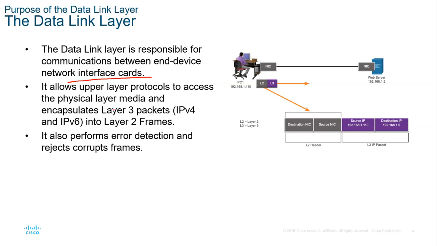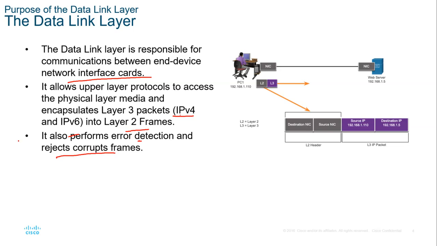So it takes layer 3 packets, that is IPv4 and IPv6, into layer 2 frames. It also performs error detection and rejects invalid or corrupted frames.